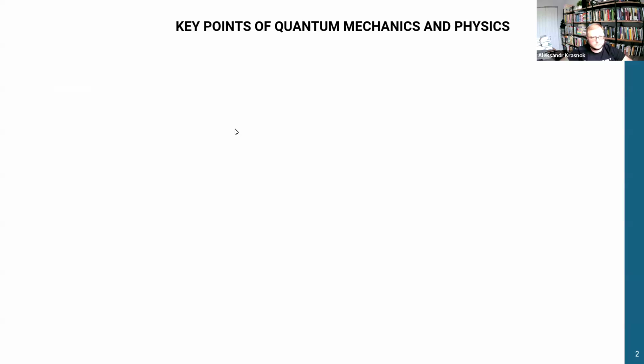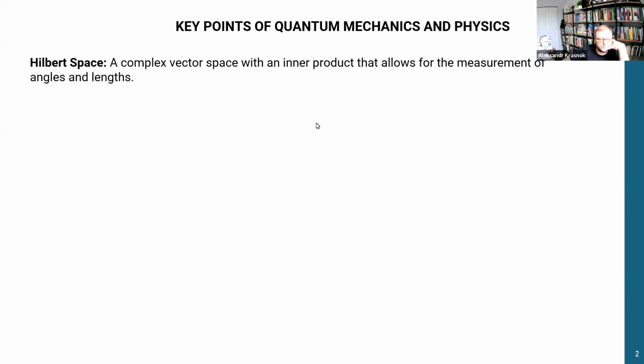Last time we focused on the key points of quantum mechanics and quantum physics. We started with the introduction of the Hilbert space. We said that Hilbert space is an arbitrary-dimension, complex-valued vector space with a well-defined distance between two points or two vectors.